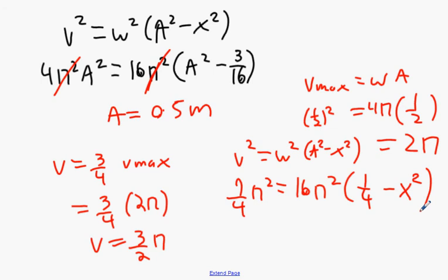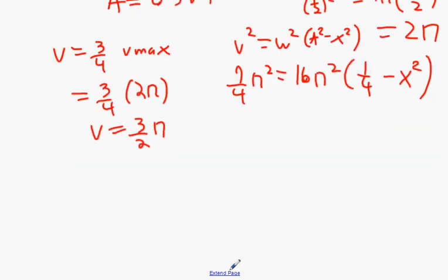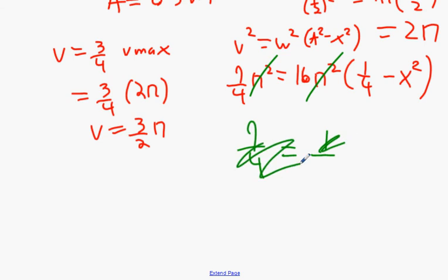I'm trying to figure out what x squared is there. So what I do is I solve this equation. I first cancel the pi squareds, and I'm out of time. Either way, you end up finding x is root 7 over 8. Double that distance to get root 7 over 4.